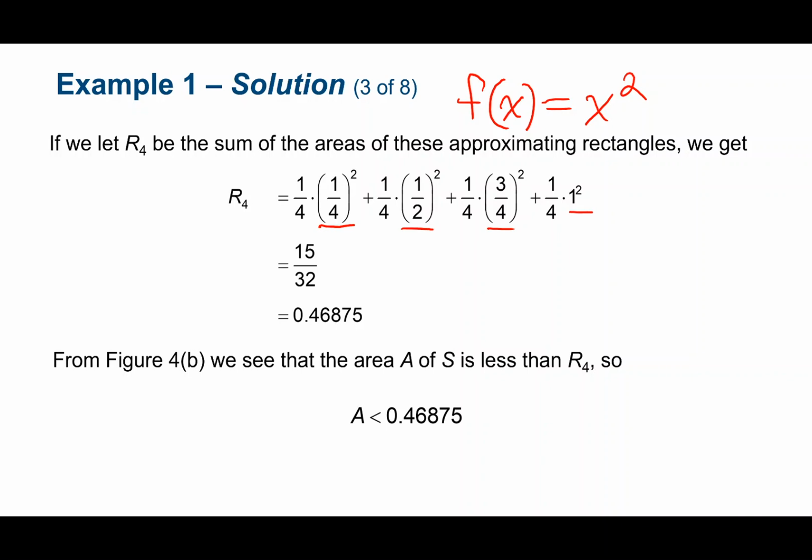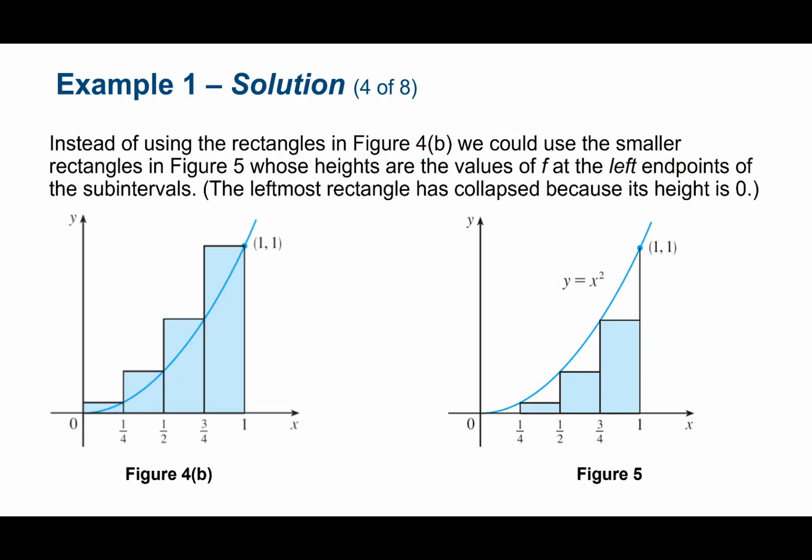So something else we could do, another way we could have done the same thing, is to use different rectangles. Okay. We could use rectangles with their left endpoint touching the graph. Okay. So here we're still using 4 rectangles. It's just that this rectangle is going to be as tall as the left endpoint's at 0, so we've got a rectangle that's 0 tall on that one.